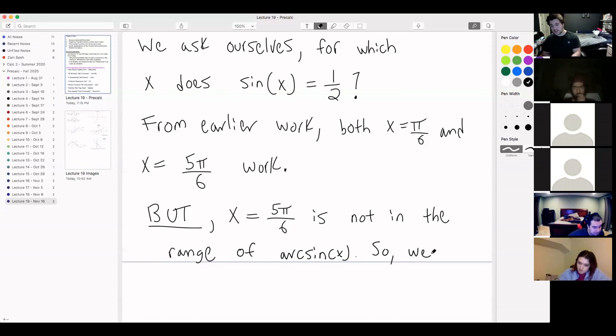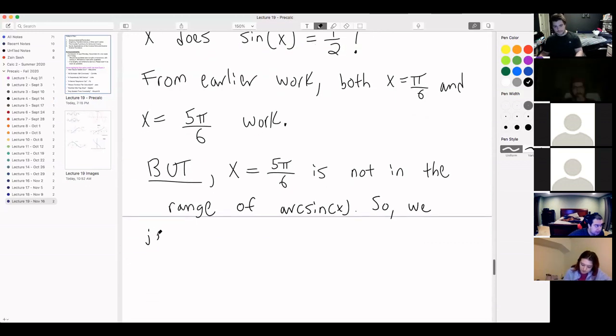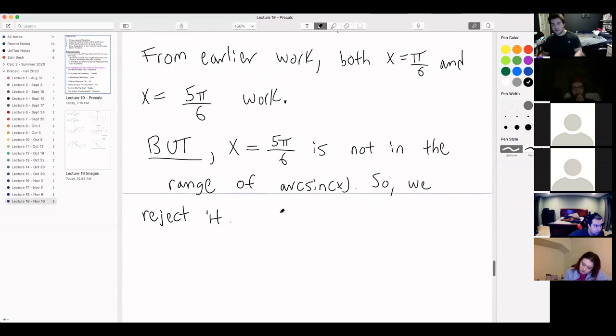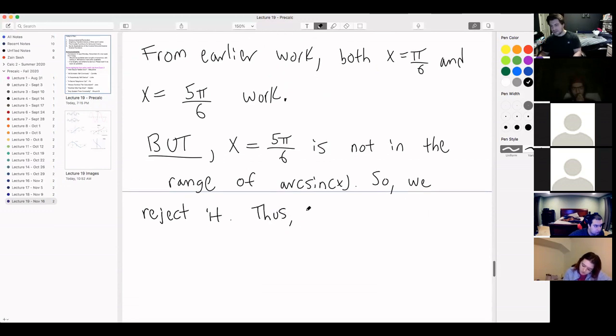So we reject it. Thus, x equals pi over 6 is the answer. Okay, so that's the deal.